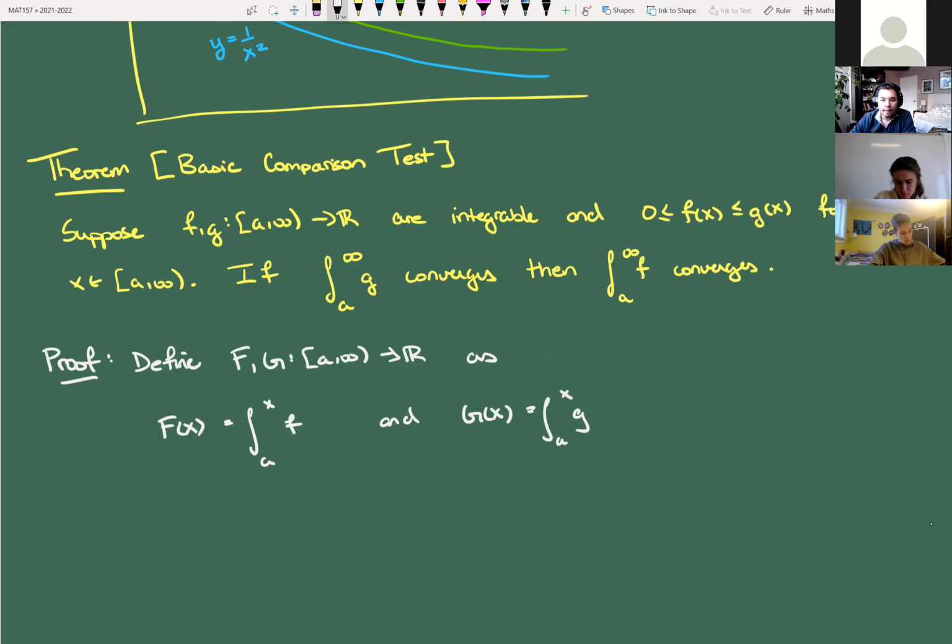Okay, so by monotonicity of the integral, we know that capital F is always less than or equal to capital G, right? So by monotonicity, F of x is always less than or equal to G of x, because little f is always less than or equal to little g. Maybe let me put that in.